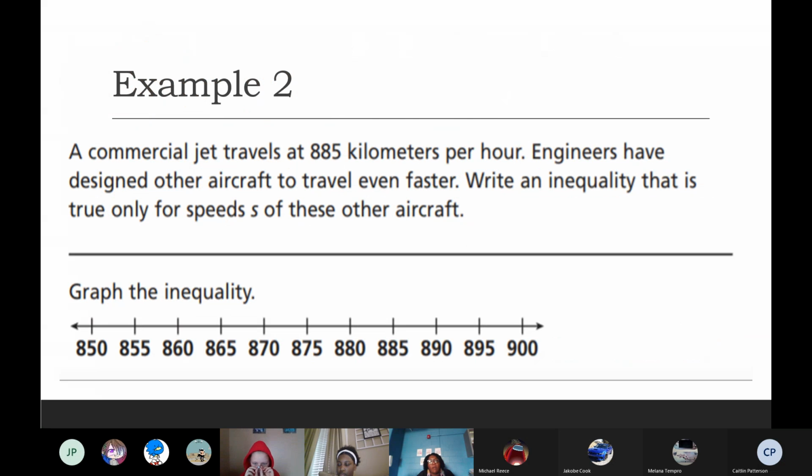Example 2, a commercial jet travels at 885 kilometers per hour. Engineers have designed other aircraft to travel even faster. Write an inequality that is true for speeds of these other aircraft. So there's some highlighting we have to do here. A commercial jet travels at 885 kilometers.